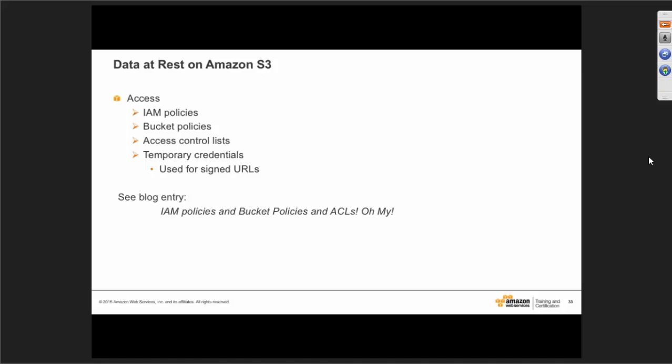The short form is the difference between IAM policies and bucket policies is IAM is IAM users, whereas bucket policies can be accounts, and those can be different AWS accounts. So that's how you do cross-account control. And then access control lists are different in that bucket policies and IAM policies live at the bucket level, whereas access control lists can live all the way down to the individual objects.